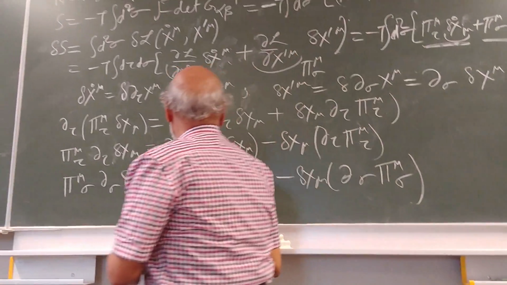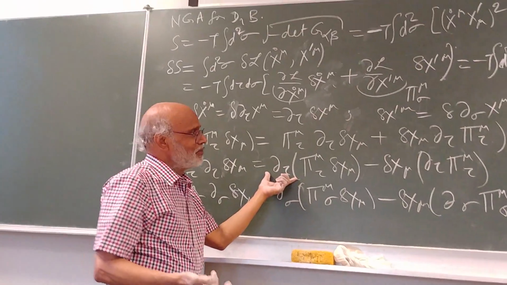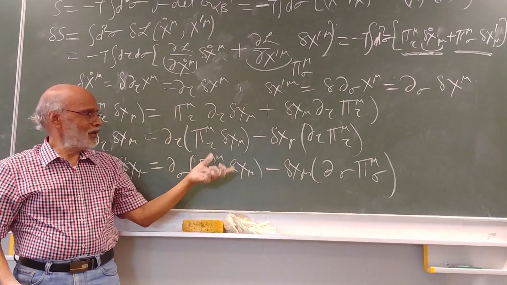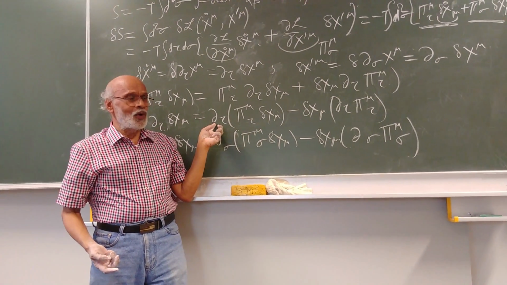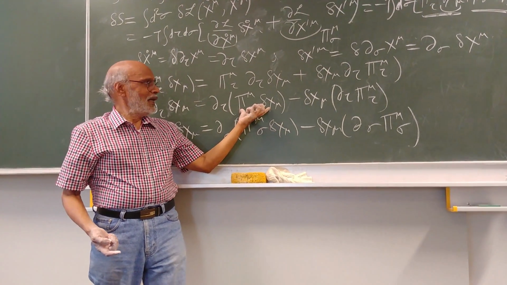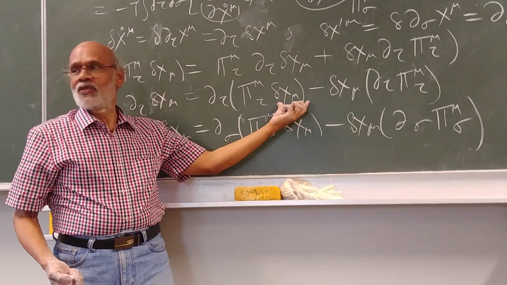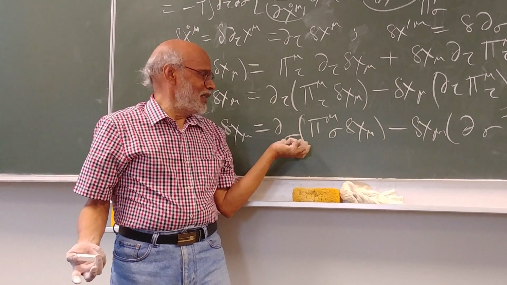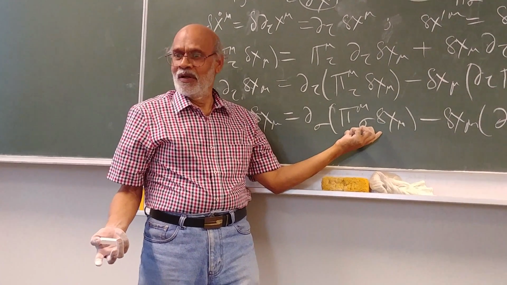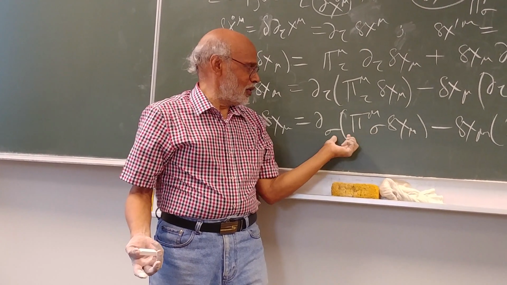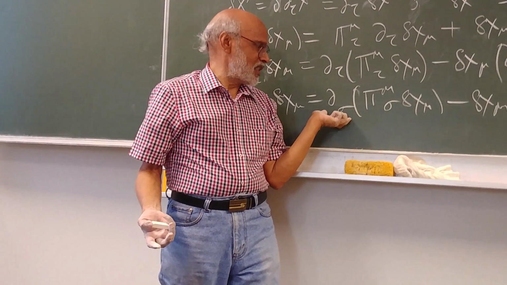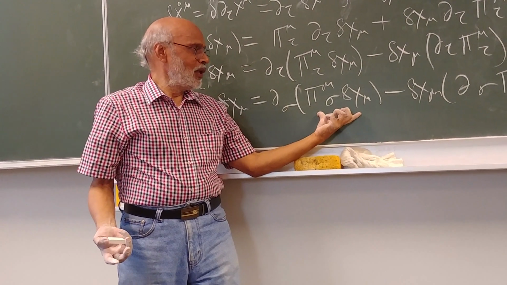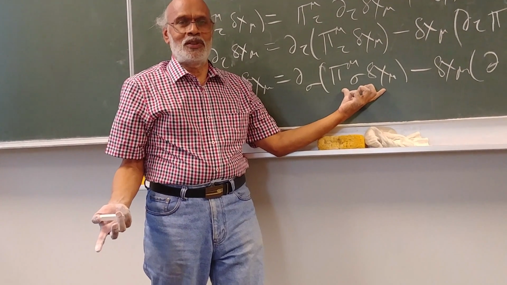It is very clear to us that eventually this is a total derivative term. Its integration with respect to tau would give only this evaluated at the time boundaries, and this would vanish. Here also this is a total derivative, and when integrated with respect to sigma it gives this value, evaluated at the sigma boundaries.